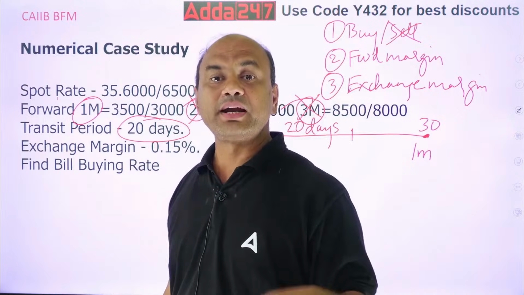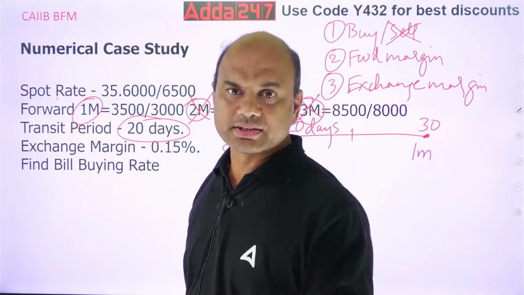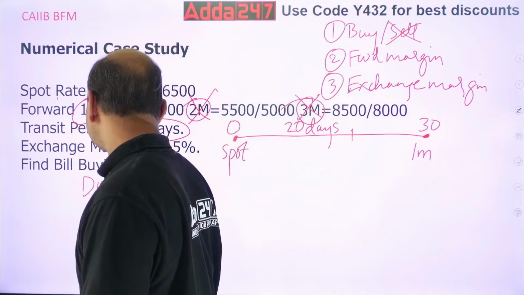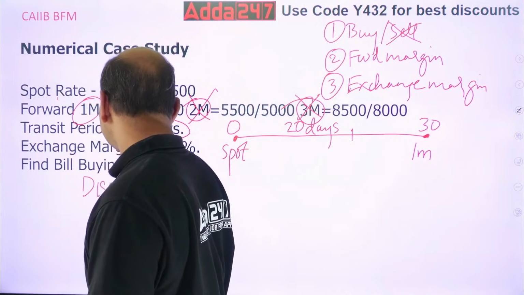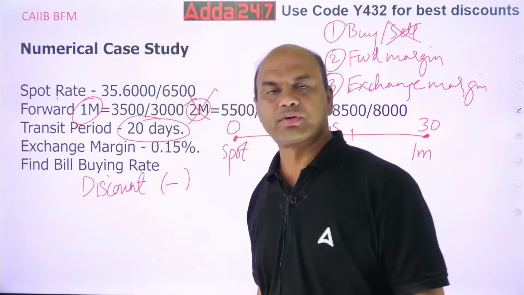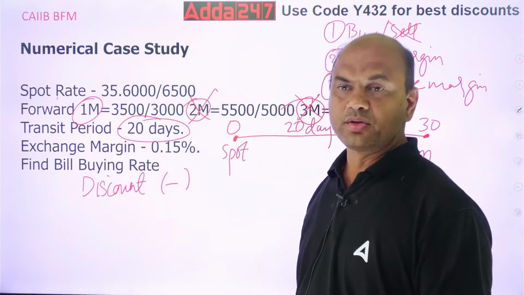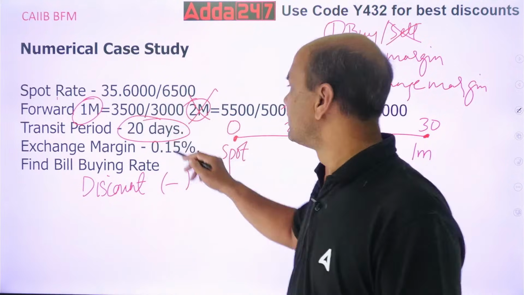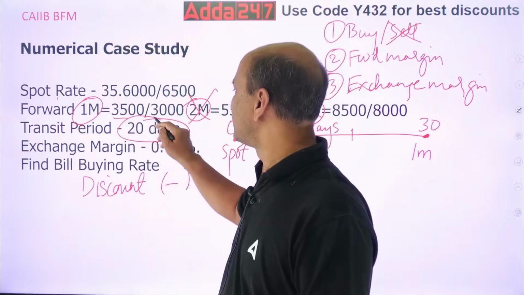Whenever you have right side lower, the currency is in discount. Discount means minus. Just now I told you minus. Currency is in discount. So which rate will I take? 35 or 30? Shall I take 35 or shall I take 30?